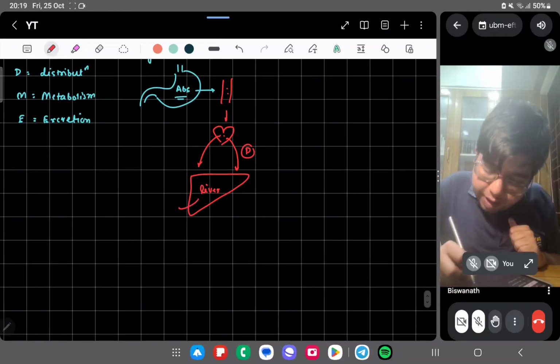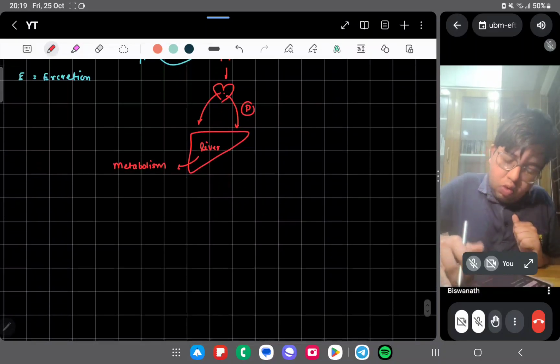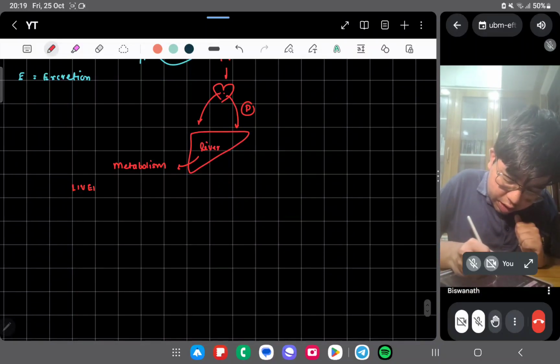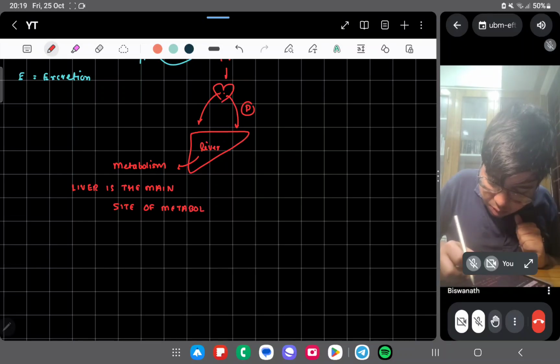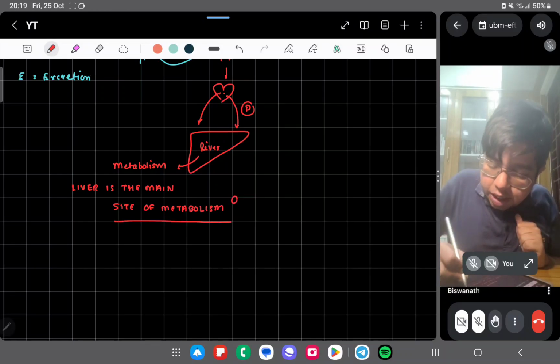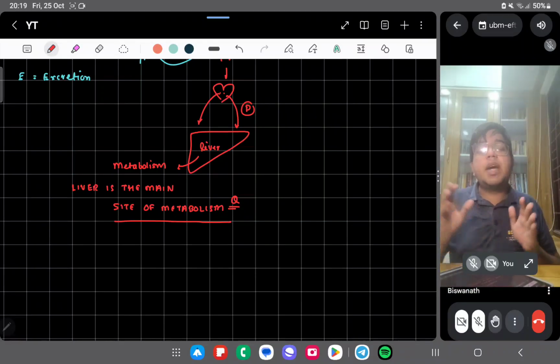liver where metabolism occurs. Know that the liver is the main site of metabolism. Liver is the main site of metabolism. And here a metabolism occurs which is called first pass metabolism.